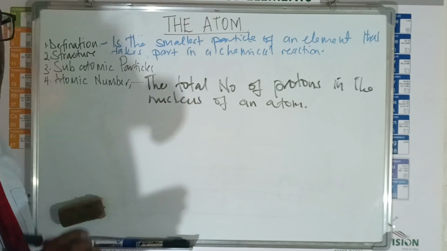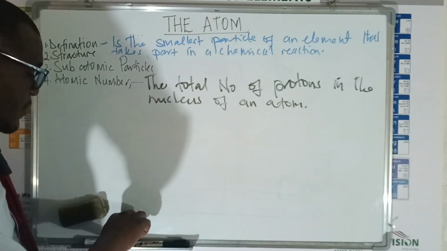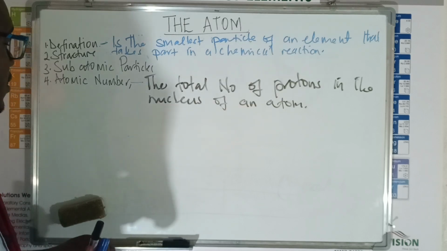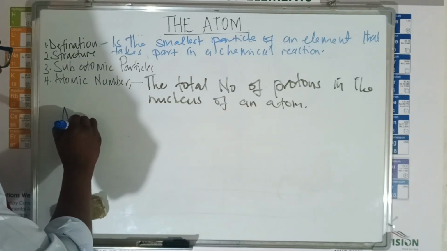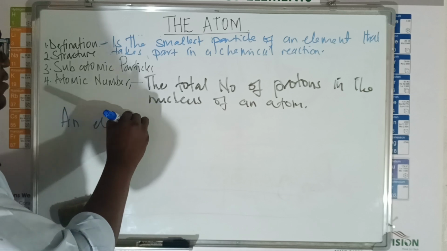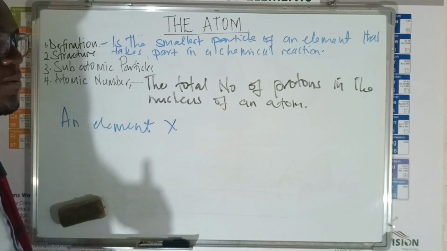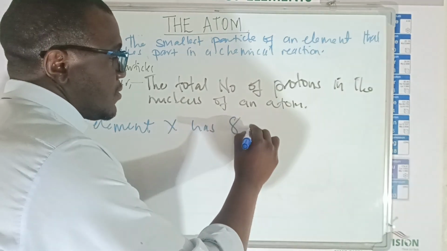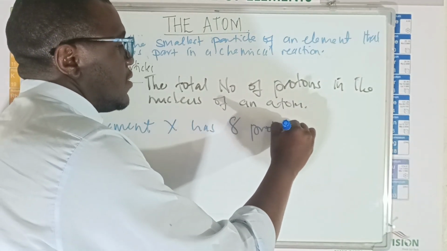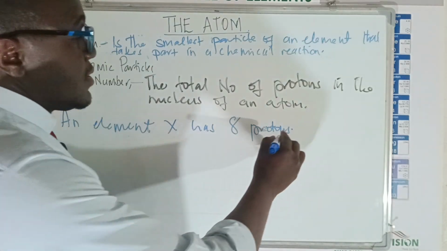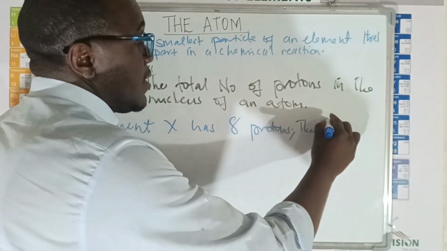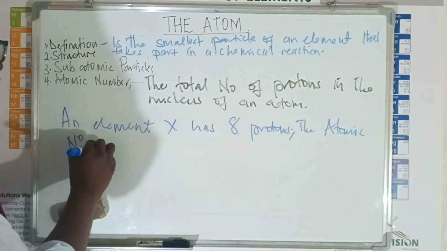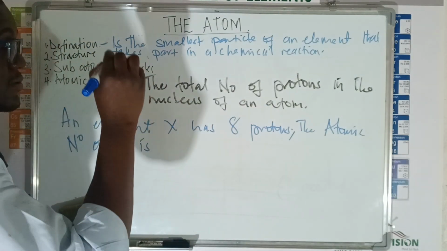So for example, if you have an element X, just an example, with 8 protons, it shows that the atomic number of X is 8.